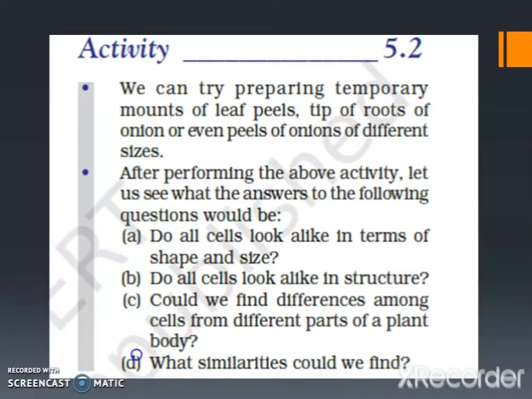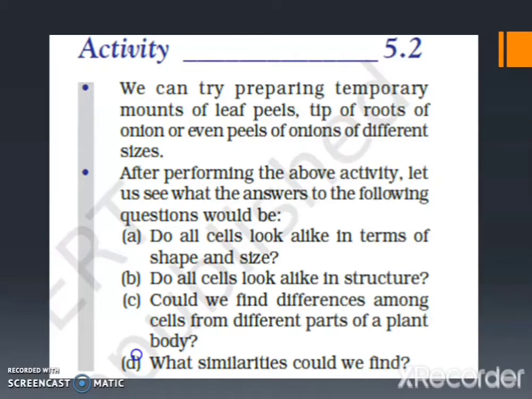Along with that, we will be able to find green colour structures in the plant's body if we take different parts of the plant. And the other similarities are the cell membrane, and the nucleus and cytoplasm will be visible. So these are the similarities which we would find in the cell.